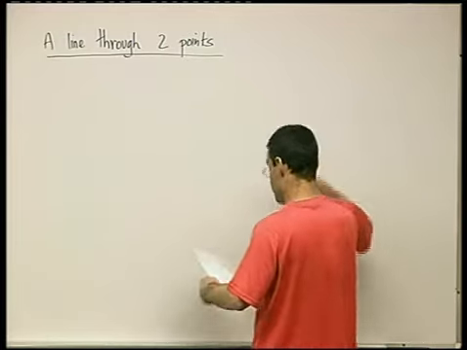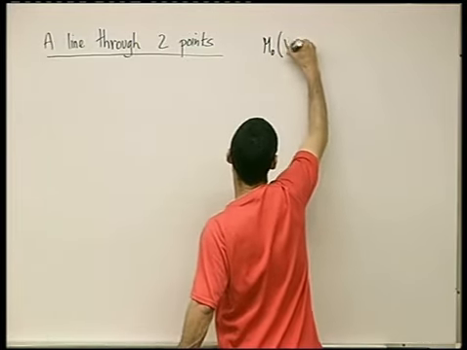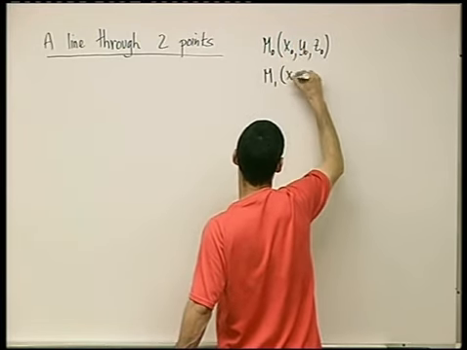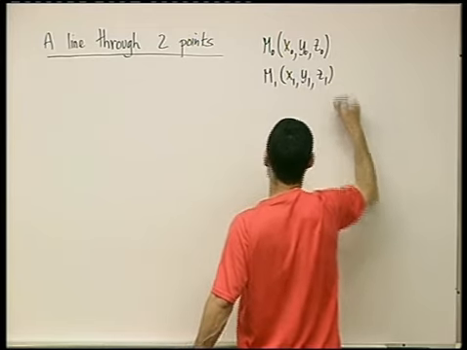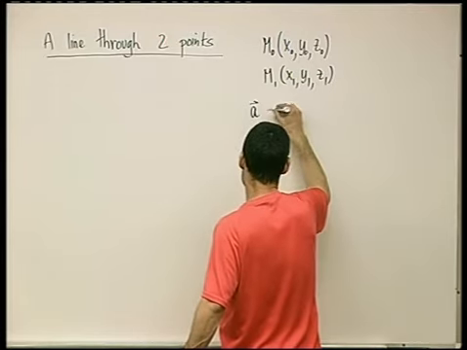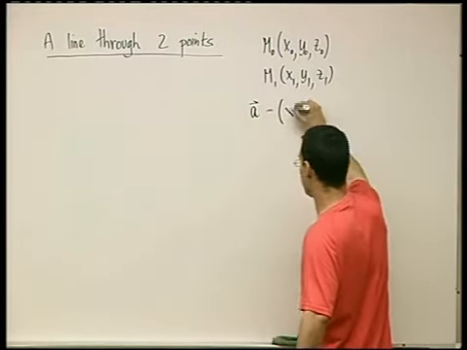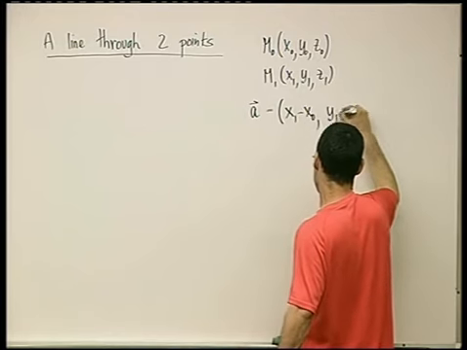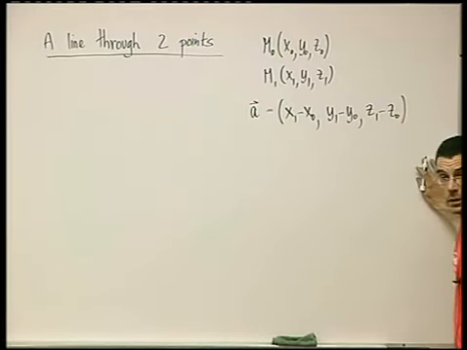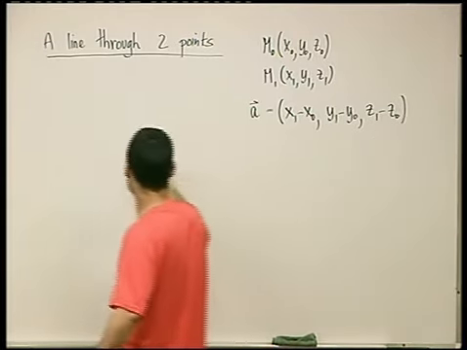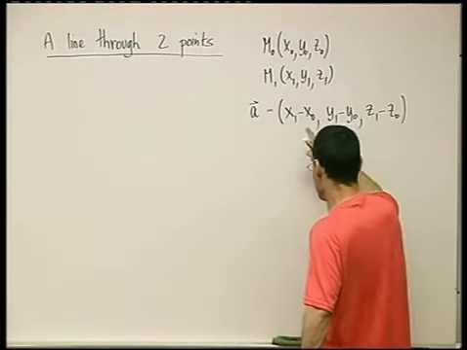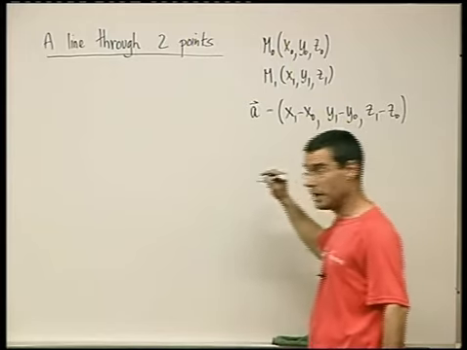So if the 2 points are, for example, m0 is x0, y0, z0, and m1, the other point, is x1, y1, z1, what's the equation of the line going to be? A, the direction vector, is just the vector connecting the points: x1 minus x0, y1 minus y0, z1 minus z0. Do you agree? Now this might be confusing because there are x0s and x1s, and likewise for y and z.